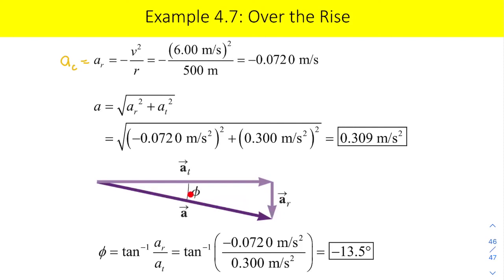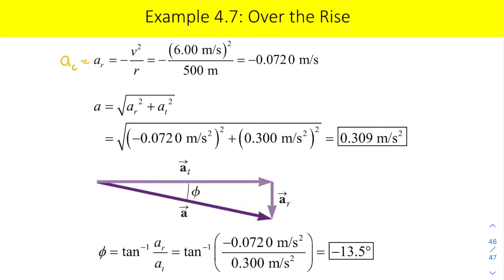The angle phi is the arctangent of ar over at. Why ar over at, why not at over ar? Because you are using tangent, and tangent is opposite over adjacent. So you get the answer of negative 15 degrees.